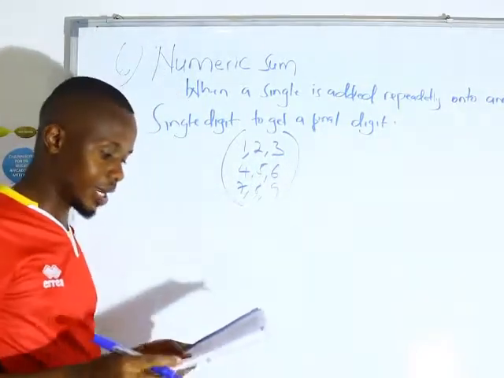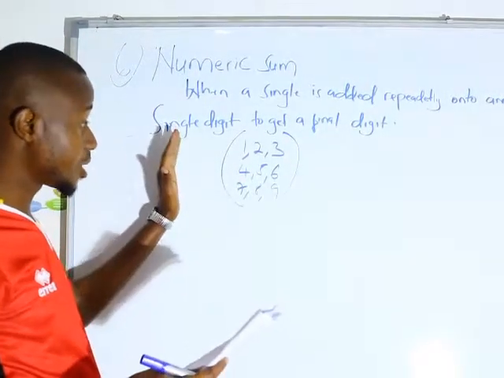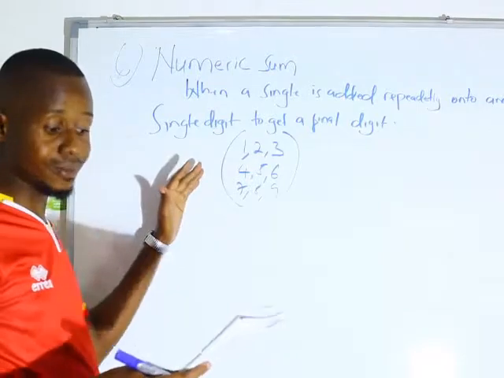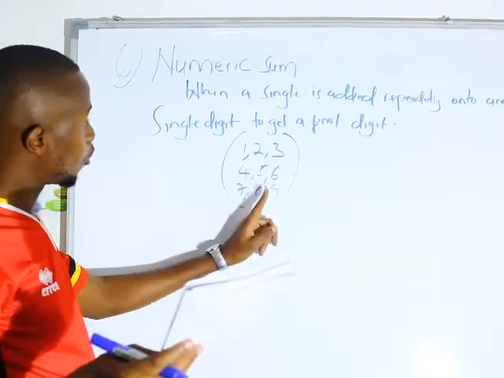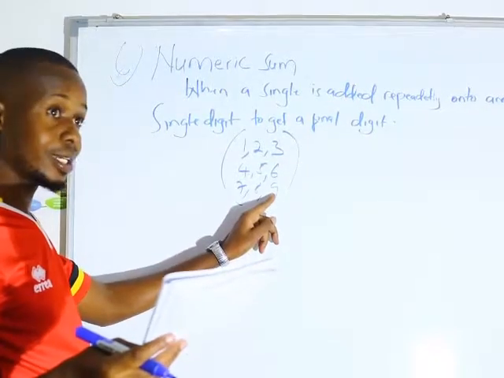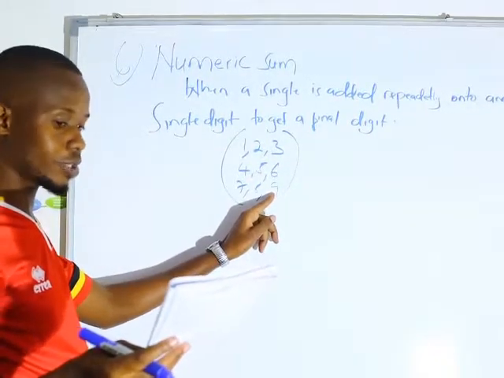So every number in all quadrants must add up to one of the numbers in the numeric locator of the first quadrant.